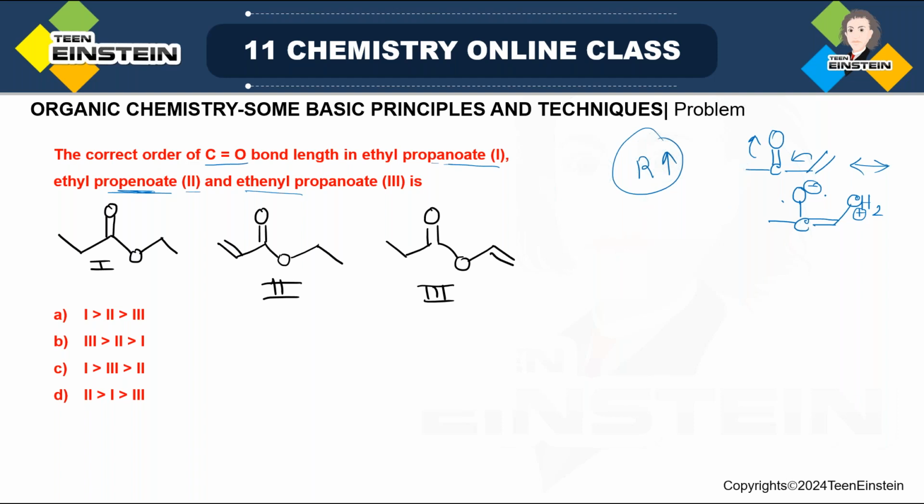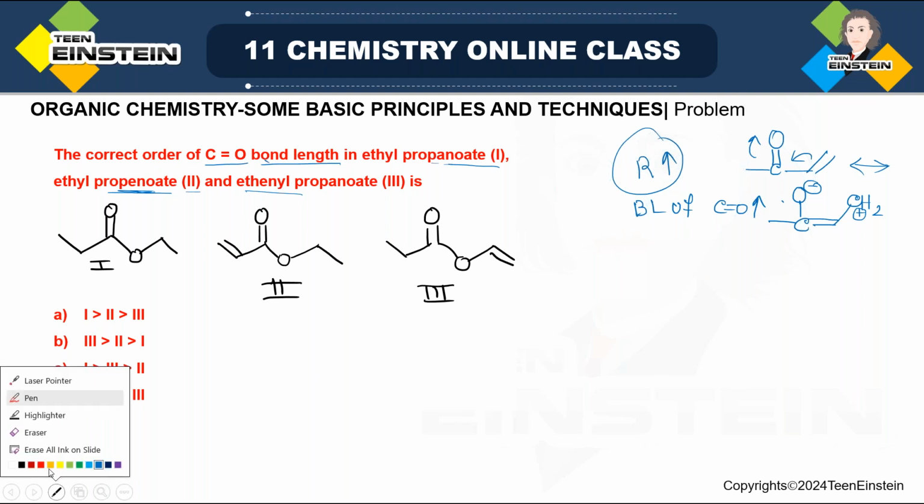But one thing is clear: when resonance is high, the bond length of C double bond O will also increase, and if resonance is low, that means the C double bond O character is intact, it is not disturbed.